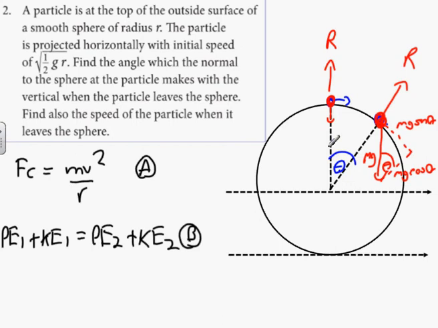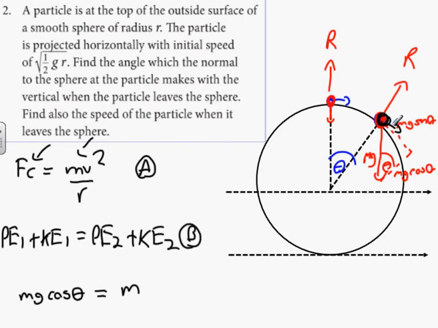Now what we're going to do next is our F_C. So what is your F_C? What force drives it towards the centre? mg cos theta. Okay. What's v again? We don't know. v squared, anybody? Do we know? v squared is what we're figuring out. What is its speed as it flies off the edge?